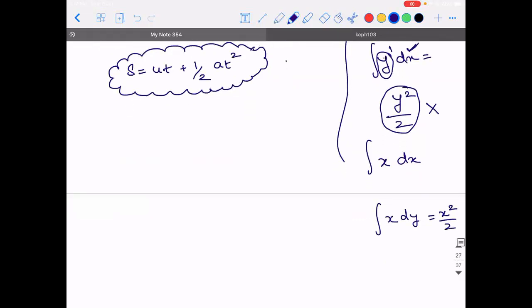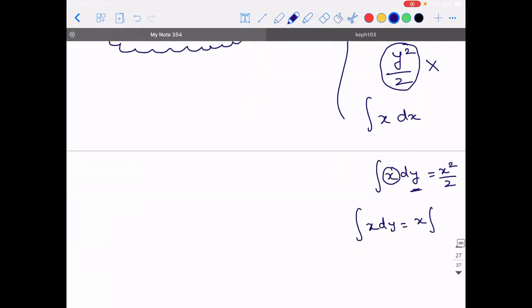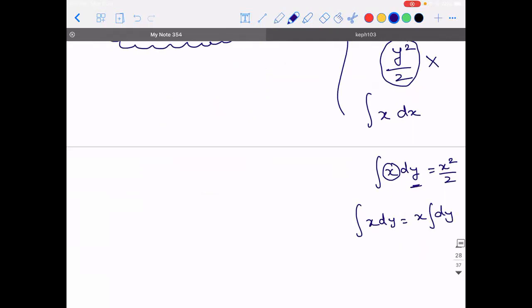No, sir. No, because you're not integrating x with respect to x. So if you want me to answer what is integral of x dy, x should be taken out. Only integral of dy should be left inside. So it will be x into y, since integral of derivative of something is the variable itself.